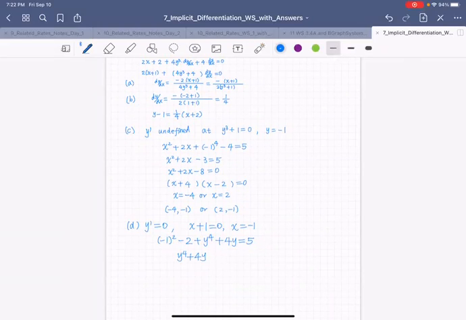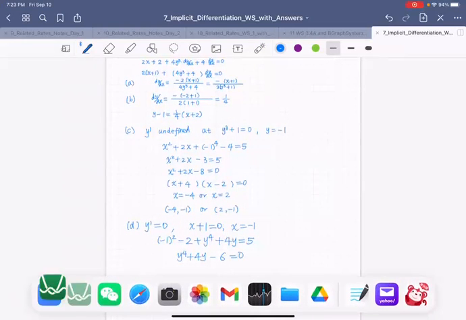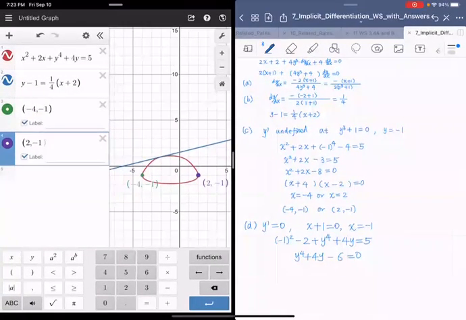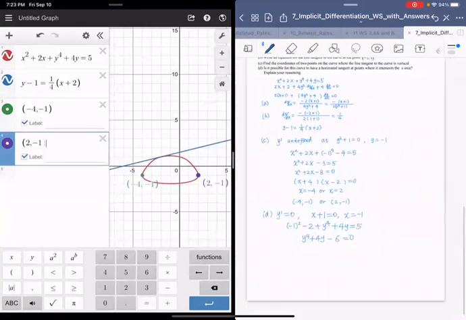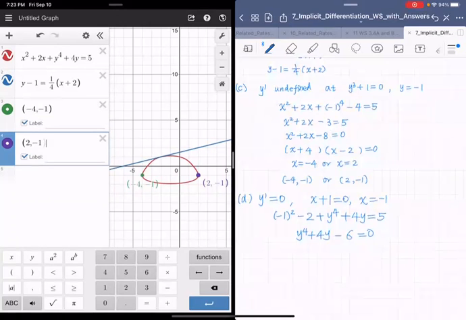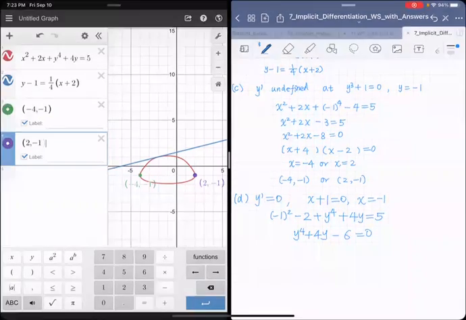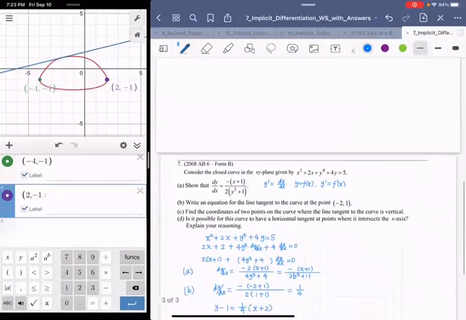So this is minus 6, right? Yeah, so let's see here. We can see y to the power of 4 plus 4y minus 6, is it possible for this to equal 0?